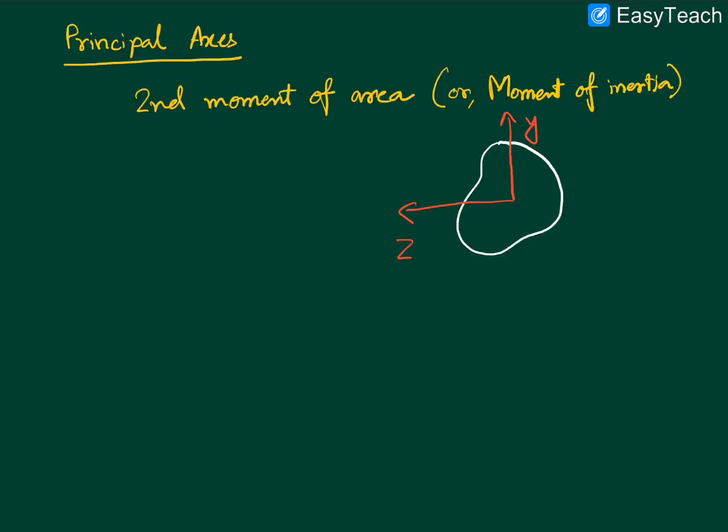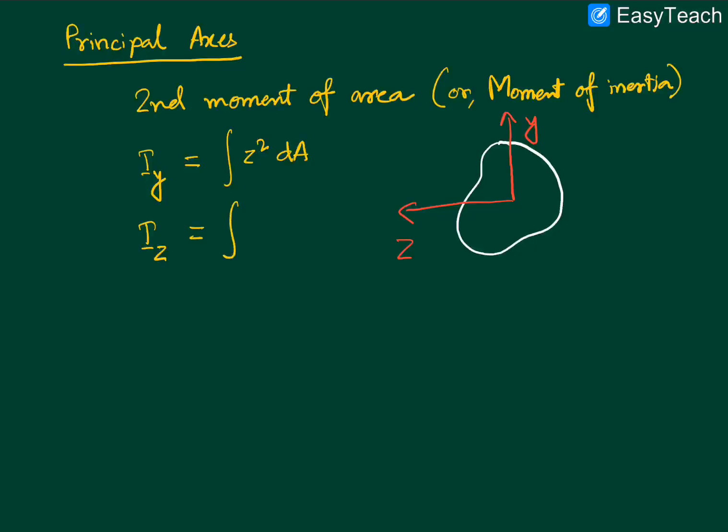The second moment of area can be of three kinds. The first one, Iy, is defined as integration of z square dA integrated over the entire area.